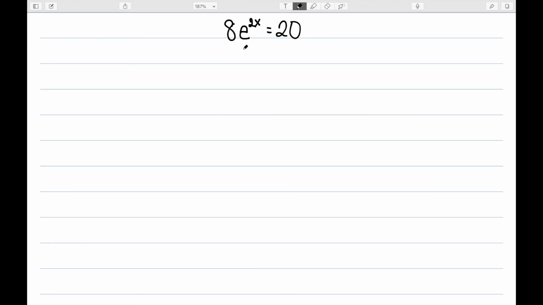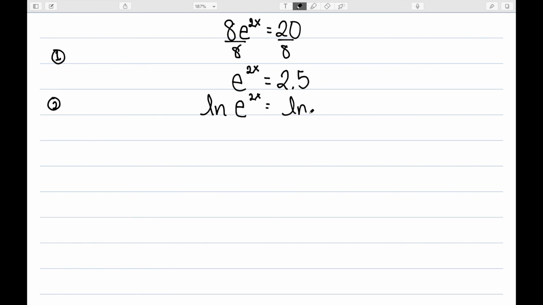And I want to do 8 e to the 2x equal to 20. And this time I'm going to have to do my first step. Divide both sides by 8 so that my exponential is on one side alone. And I have e to the 2x equal to 2.5. Since I'm dealing with an e, I'm going to take ln of both sides. Since I already have an e, it's going to be advantageous for me to do this.